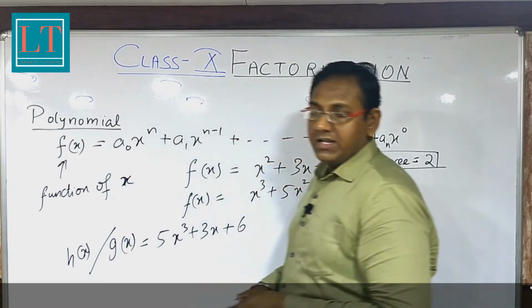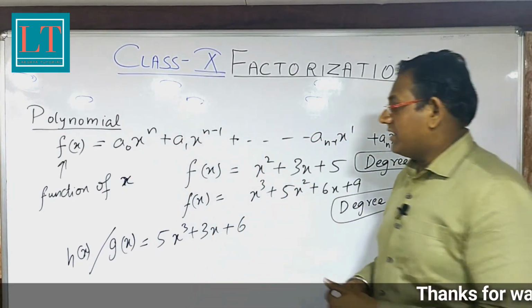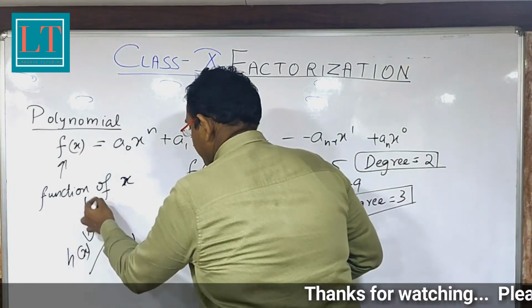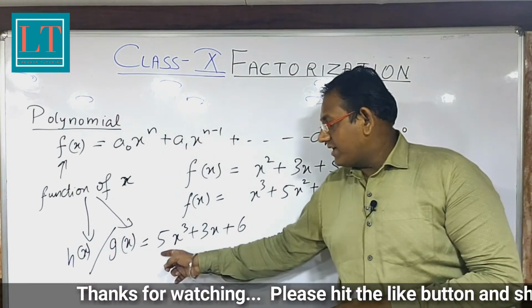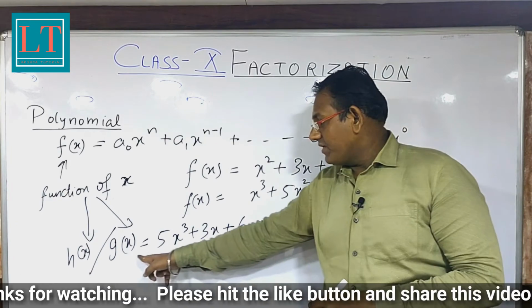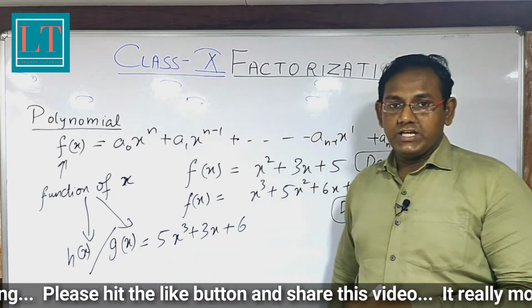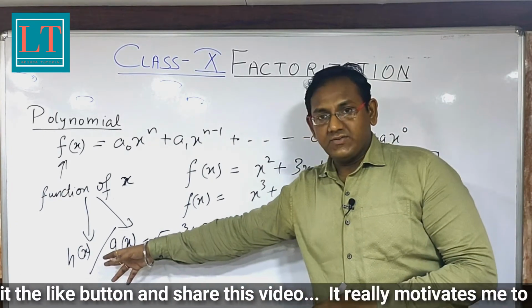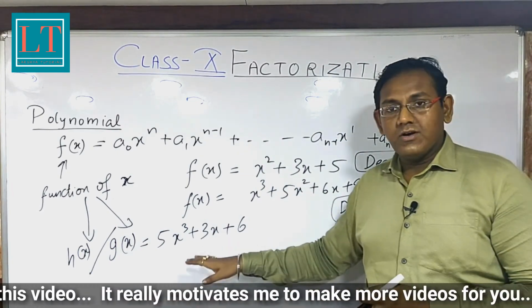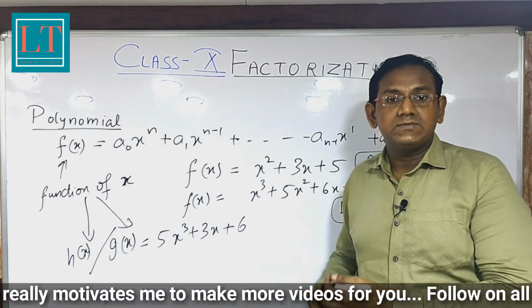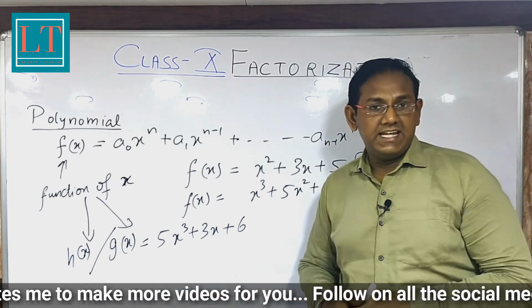These are the symbolic representations of a function of x, and all of them mean that they are functions of x. In this particular example we are denoting this as g of x, but we can denote it with h of x or f of x, whatever we feel like.